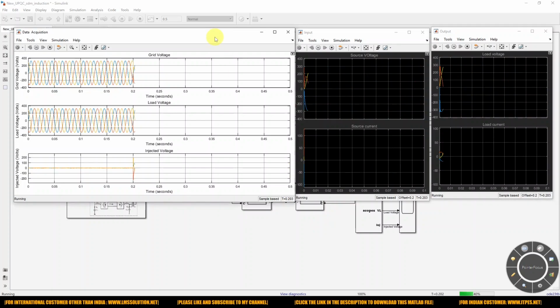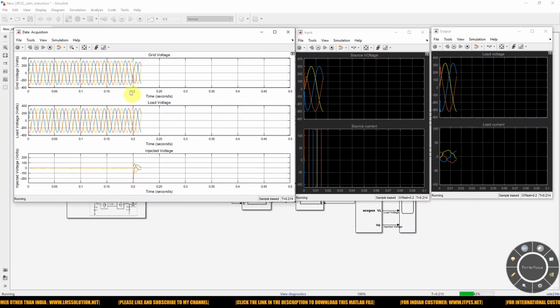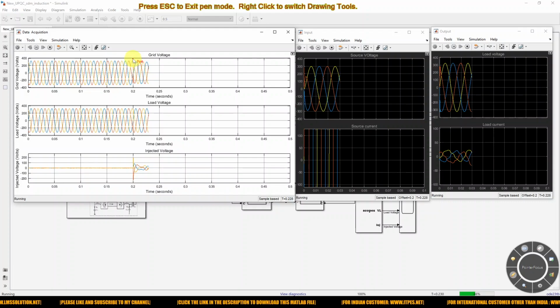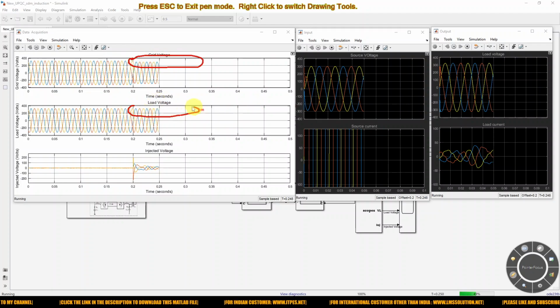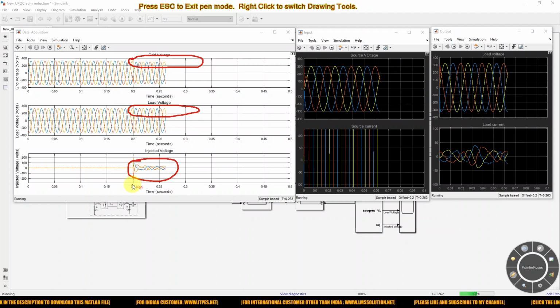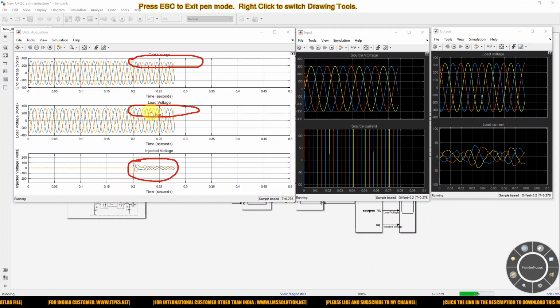Next you can check that the fault is occurring at 0.2 seconds. Because of that, you can see a sag will occur in the system, the grid voltage, right? But you can see that the load voltage is maintained at 1 per unit, because during that time the series active filter in the UPQC is injecting some voltage in order to make the load voltage always equal to 1 per unit.